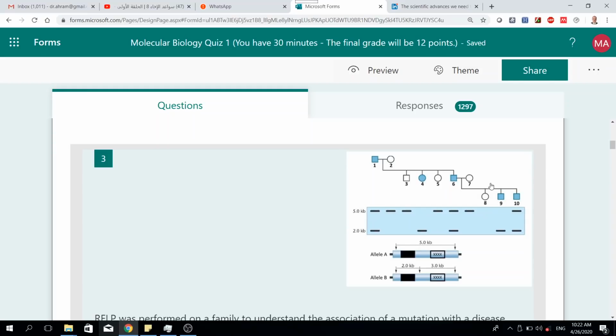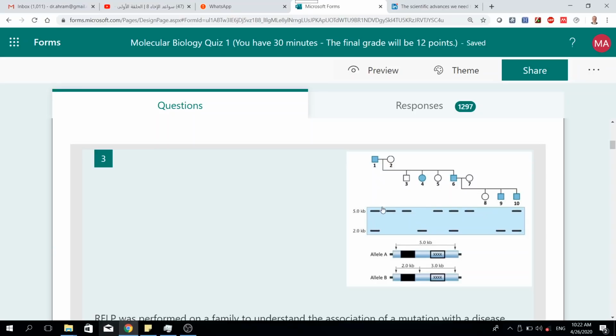That's a pedigree. This is the family. You already know what a pedigree is. So right here, that's the male, that's the female. If it is shaded, it means the person is affected. So affected male, healthy female, healthy male, affected female, and so on. And these are the numbers of individuals. That's the pattern.